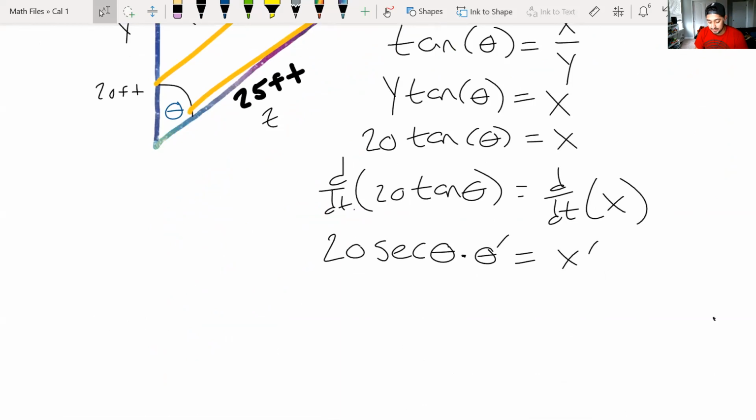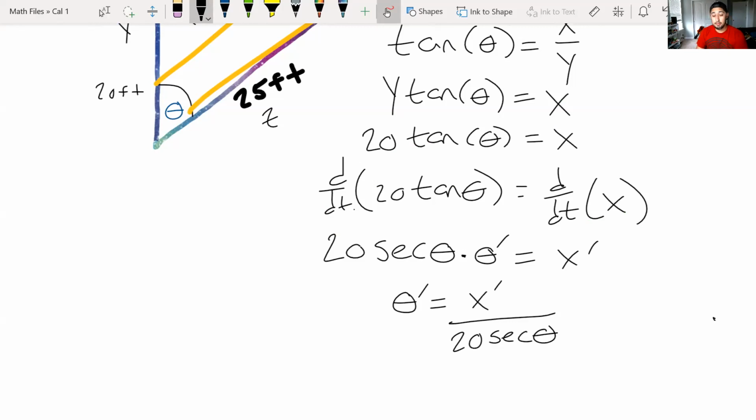Which means I can divide by 20 secant theta. So maybe I didn't have to move the 20 over there at all. Oh well. So divide by 20 secant theta, which means I'll have theta prime equal to x prime over 20 secant theta.